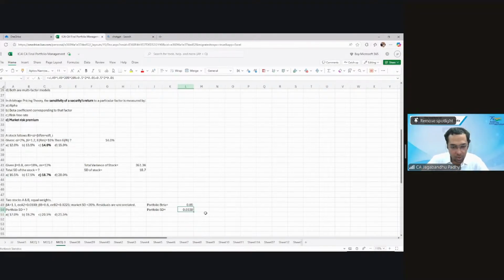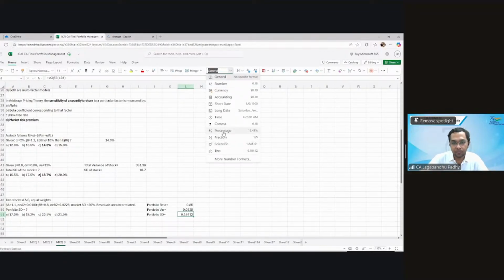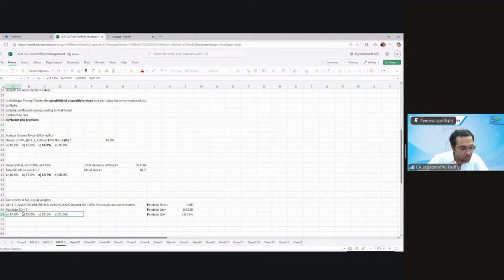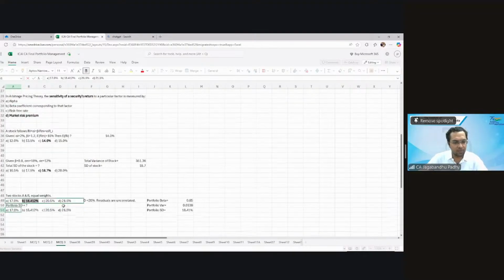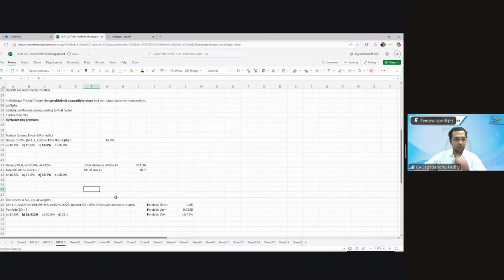This is the portfolio variance. So we have the portfolio standard deviation as square root of this, which is 18.412%. So the option is B in that case. We have done a similar question. Okay.